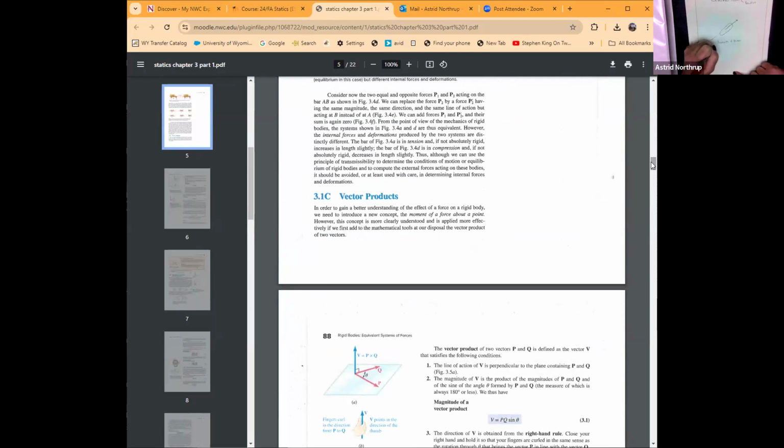There are two types of vector multiplication. There are what are called dot products, and a dot product is also more correctly called a scalar product.